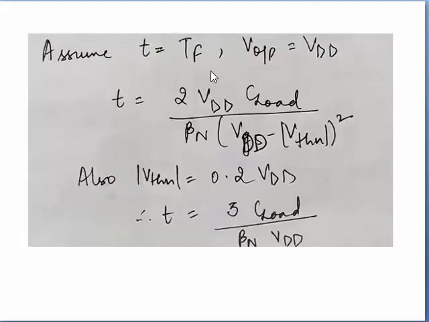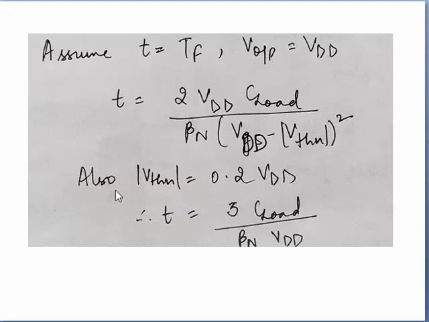Now let us assume T is equal to TF. TF is fall time. V output is equal to VDD and VGS is also VDD. So TF is equal to 2 VDD C load divided by beta N (VDD minus VTHN) whole square.